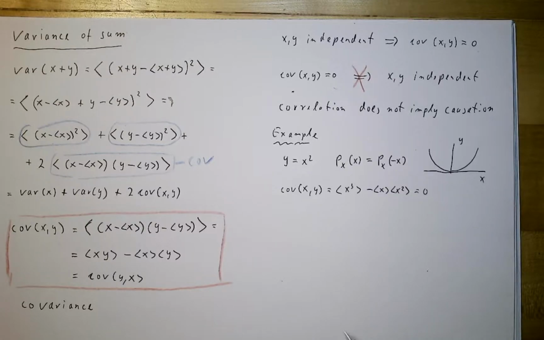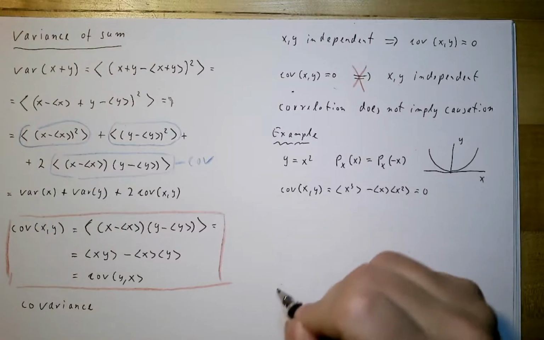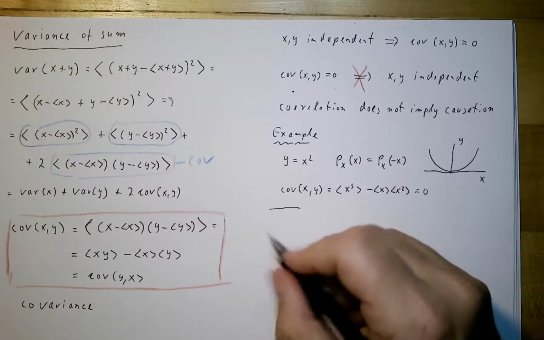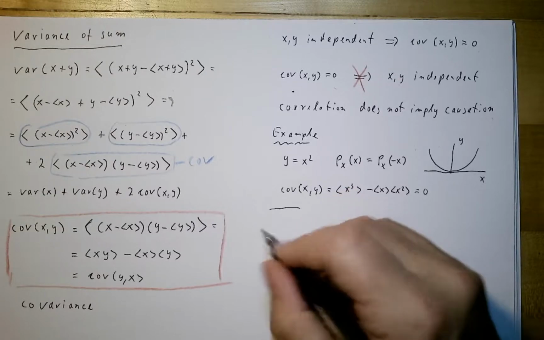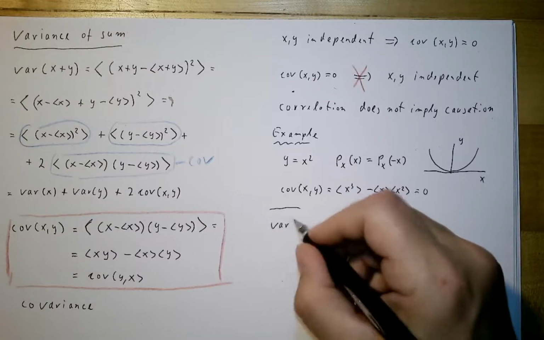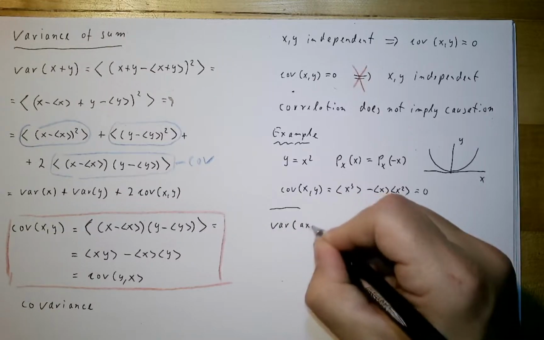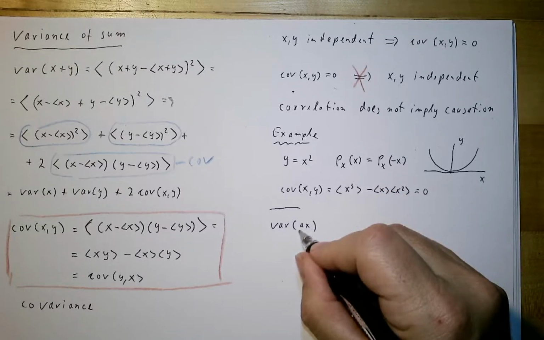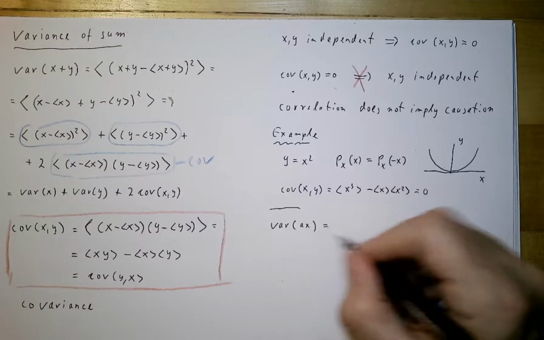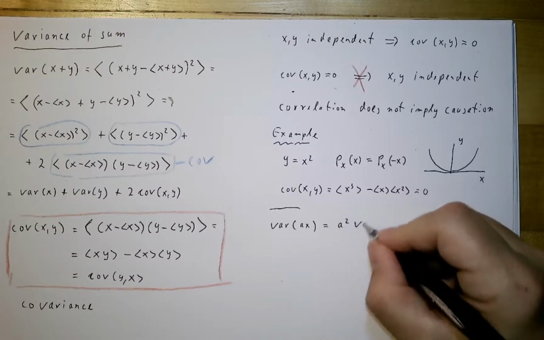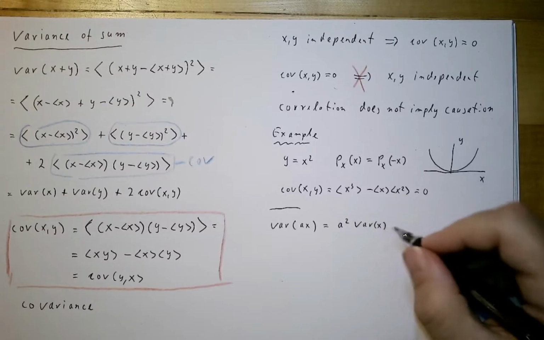So now one thing about the covariance. The problem with the covariance is it's not a linear operator, and the variance also is not a linear operator. So if you have the variance of a times x, so you scale a random number by a scalar a, you can easily show this goes as a squared times the variance of x.